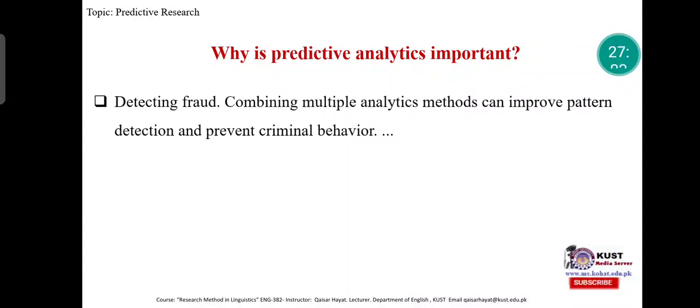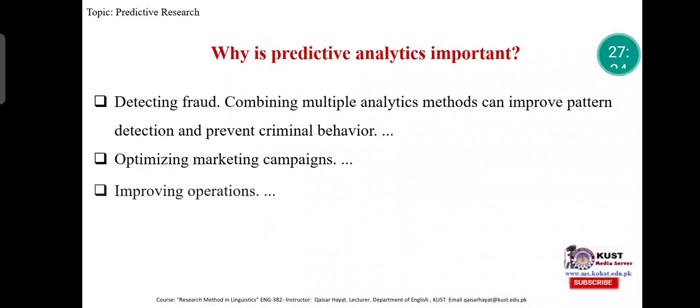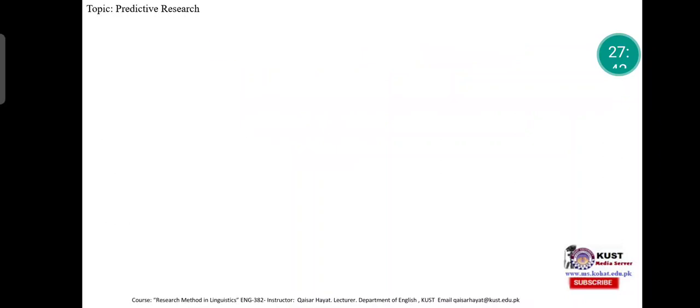With this type of behavior, which is called criminal behavior, predictive analytics is quite important because you match the situations with earlier situations, and the human mind has some specific psychology, so criminal activities can be stopped or slowed by this predictive analytic process. Optimizing marketing campaigns can also be done through this type of research. Operation of the market or other areas can also be improved. Risk can also be reduced, and so on.